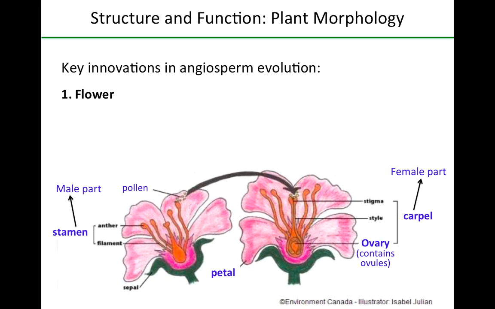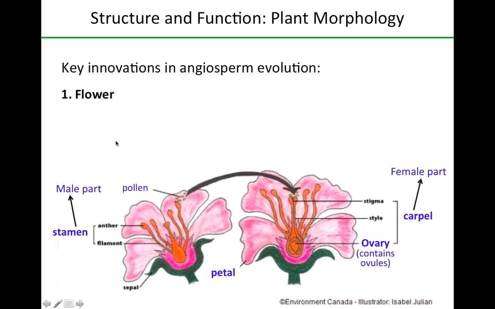And flowers, for those of you who had this trait for your homework and were responsible for looking up information about it, it might have been overwhelming to think about how much information to include in your description of the flower structure, because flowers are pretty complex structures in the plant. But what I've done here is I've put in bold the parts of the flower that I want you to know.